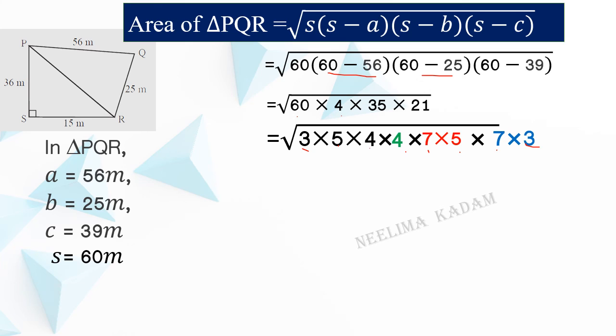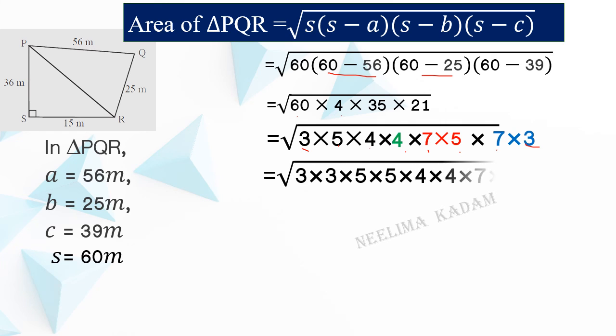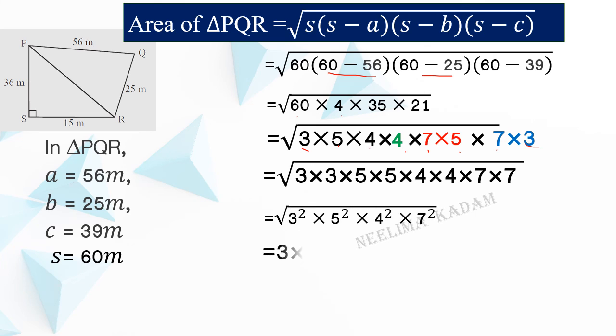Getting pairs, in pairs numbers we are getting, will be equal to 3 into 3 into 5 into 5 into 4 into 4 into 7 into 7, is equal to 3 square into 5 square into 4 square into 7 square. Taking square root, 3 into 5 into 4 into 7. Multiplying these, 3 5s are 15, 15 4s are 60, 60 into 7 is 420. Therefore, the area of triangle PQR is 420 square meter.